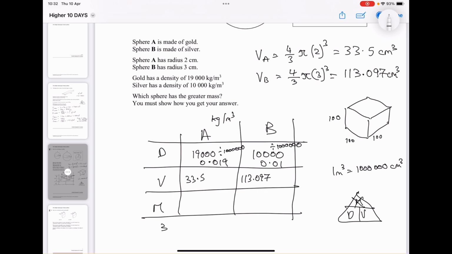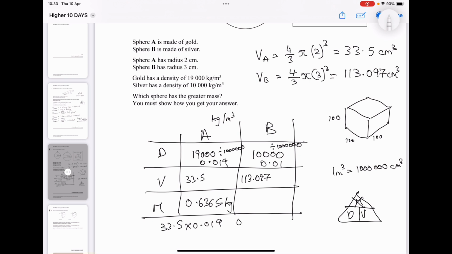So I've got 33.5 times 0.019, which is 0.6365, and that will be in kilograms.